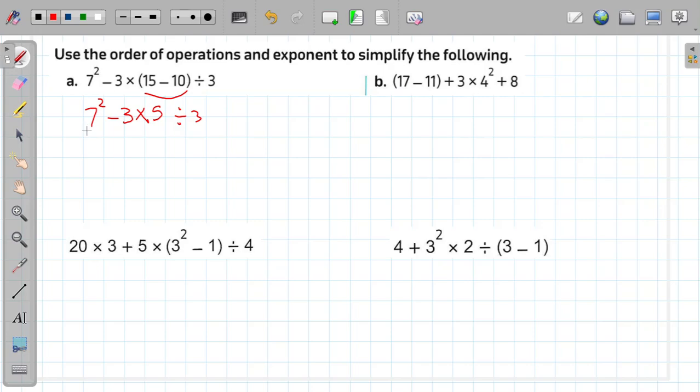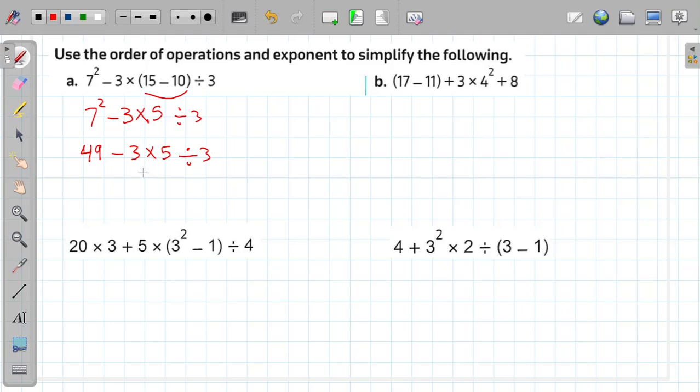Okay, next we calculate the exponent. So 7 to the power of 2 equals 49, because 7 times 7 equals 49. Minus 3 times 5 divide 3.